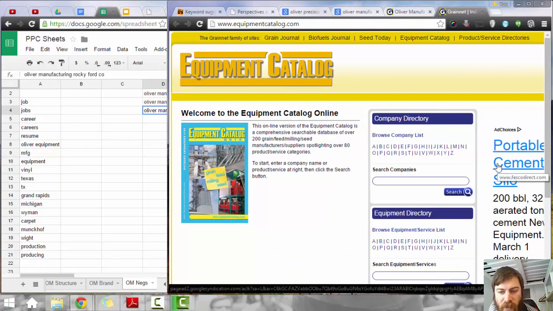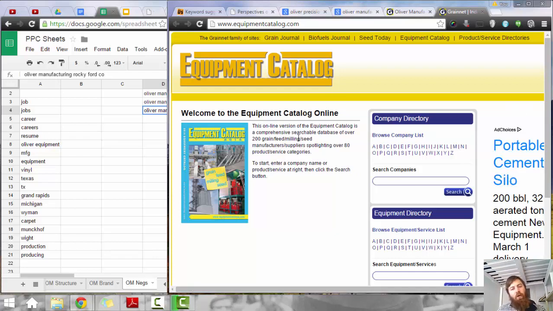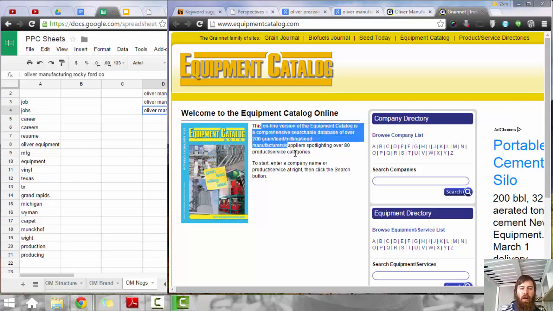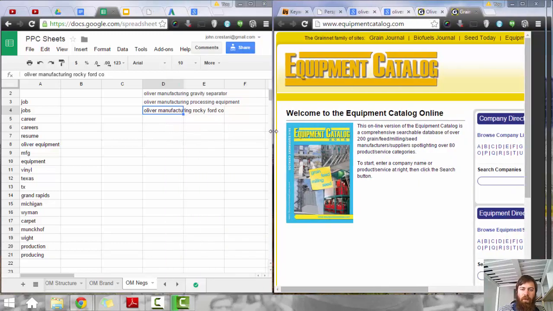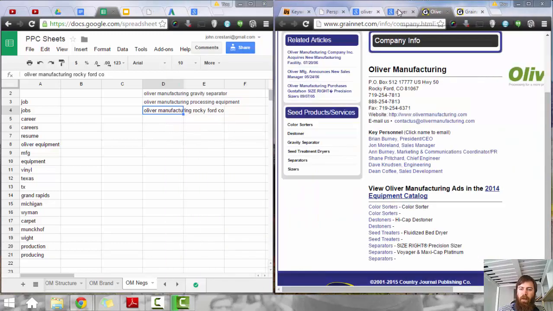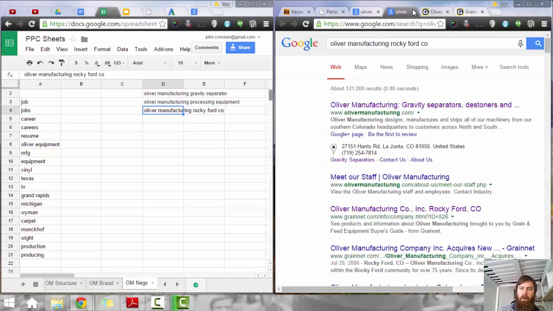So this is what I'm talking about: probably every one of their potential buyers in the agricultural industry subscribes to this catalog, or at least 80%. So these are other obviously good channels for marketing in some of these B2B niches.